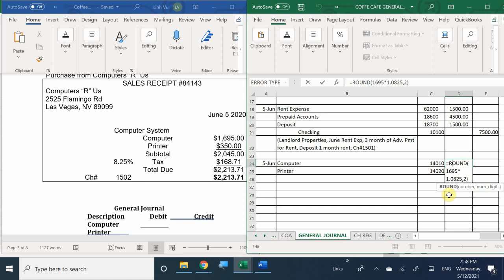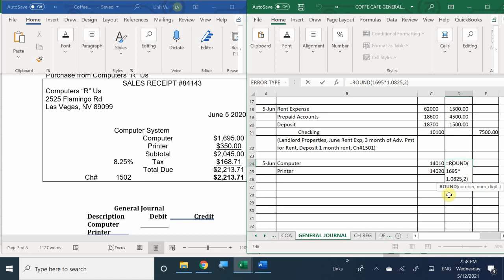Yes, because again, if you do 1 times 16.95, what do you get? 16.95 exactly. So in this case, however you figure out the taxes, that's perfectly fine. If it makes it easier for you to see, that's usually how that is. You figure out the tax first and then you add the selling price.